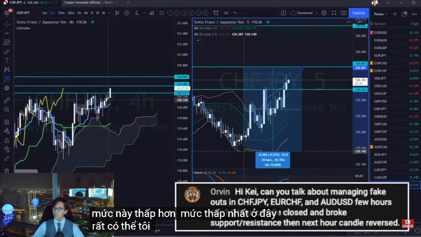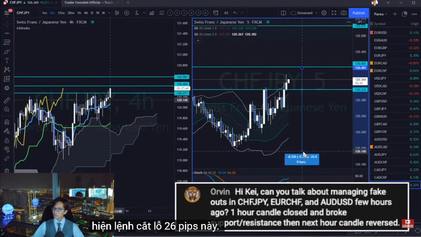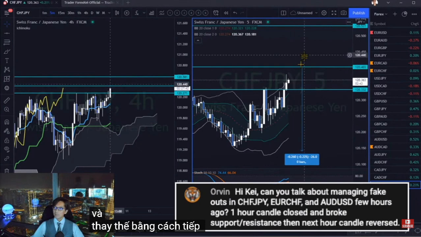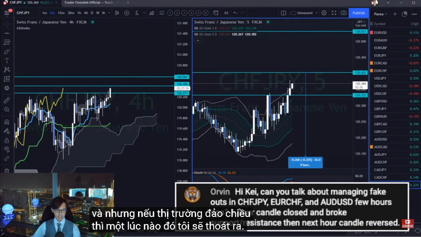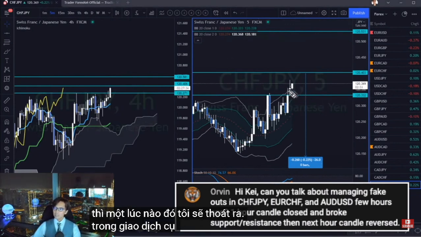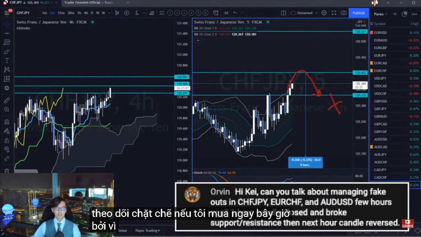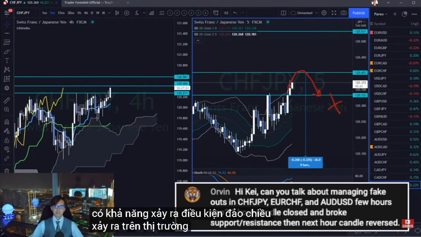Most likely I will take this one, a 26 pip stop loss. I take the 26 pip stop loss and place a buy and keep holding it. But if the market reverses backwards, then at some point I will exit. So in this particular trade, I will watch closely if I buy right now, because there is a potential reversal condition happening in the market.